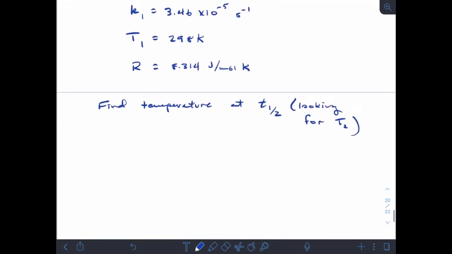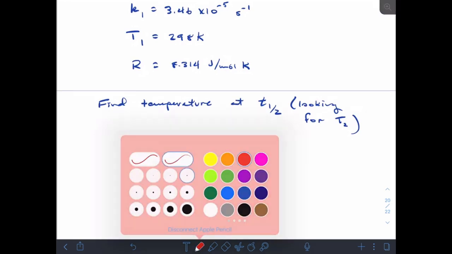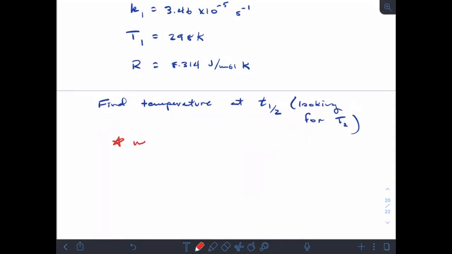Okay? So let's go and get into that. Okay? So we're told that it's a first order reaction. Okay? In order to find T2, we need K2. Okay? We're given a half-life and we're told that it's a first order reaction. So we're going to do this from first order half-life.